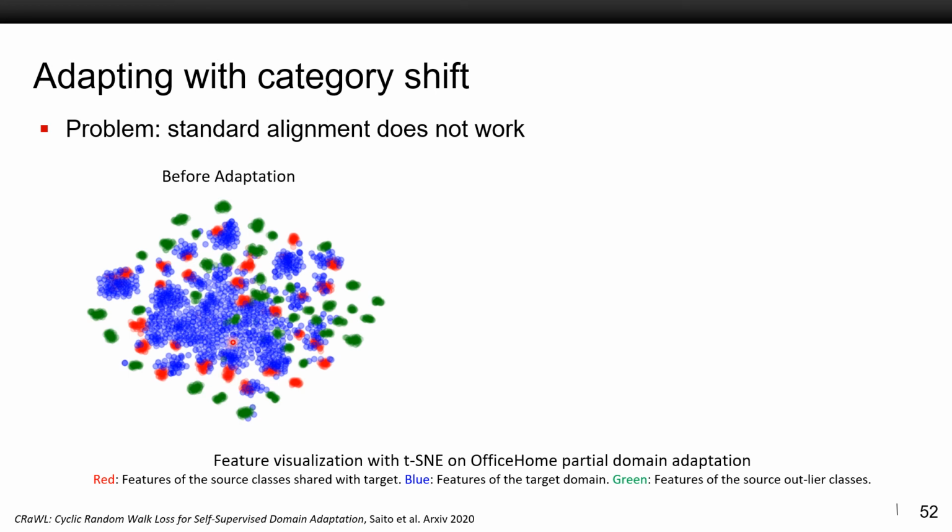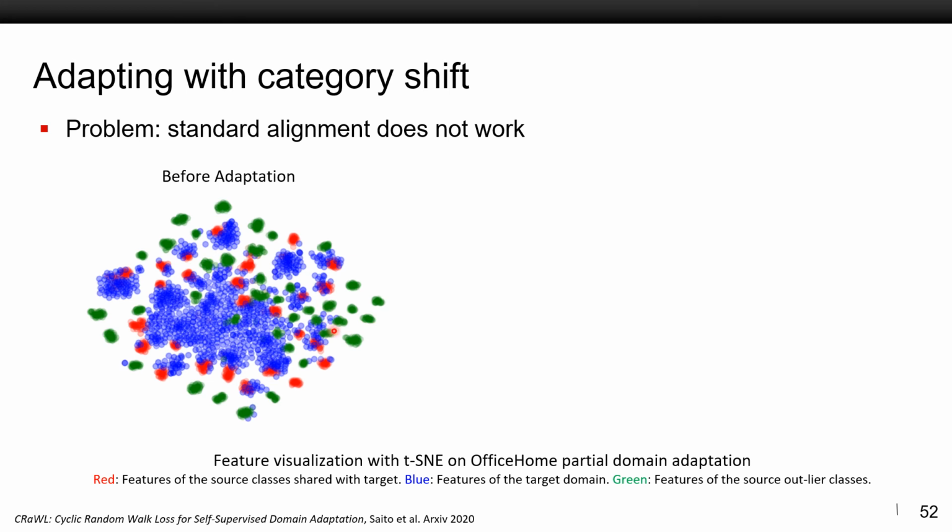And blue points are those same classes, but in the target. And we can see the large distributional shift between the red and the blue points. Now, these are all points with the same categories that are shared between source and target. The green points are source features that have category labels that don't occur in the target at all. So this is a category shift situation.